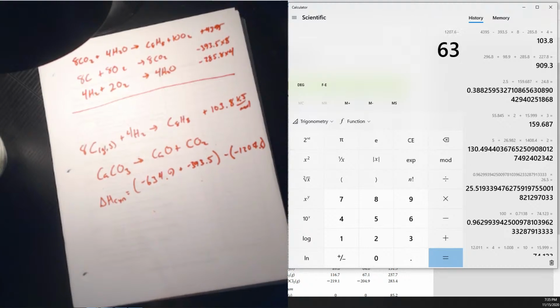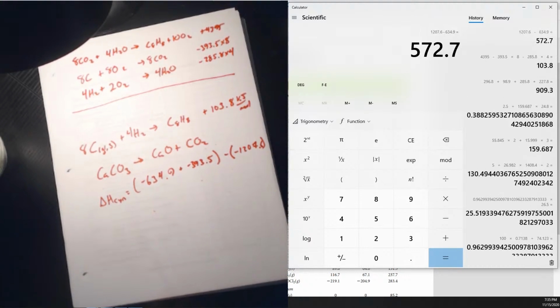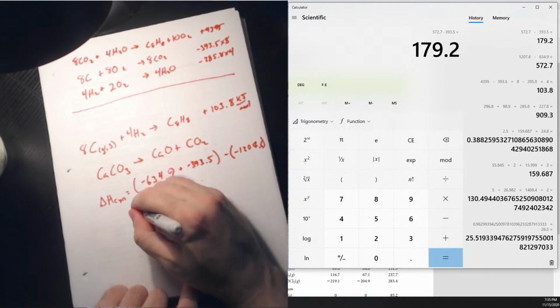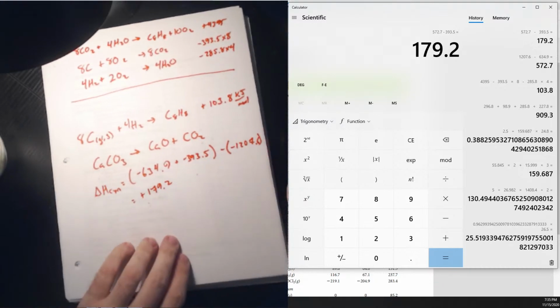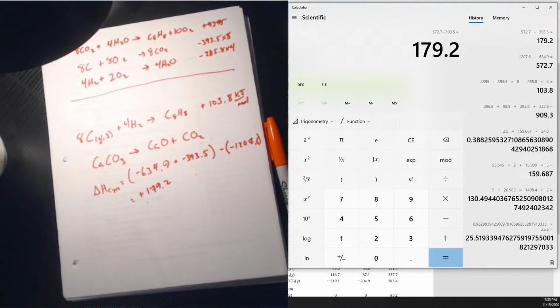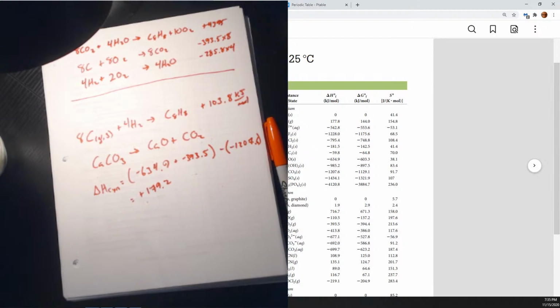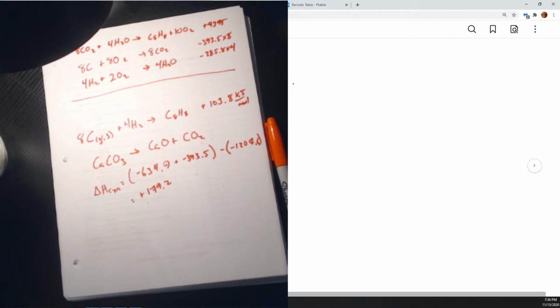So 1207.6 minus 634.9 minus 393.5 is 179.2. I misremembered. Could have sworn it was 234. Okay. So the enthalpy of formation problems are, I think, fairly straightforward.